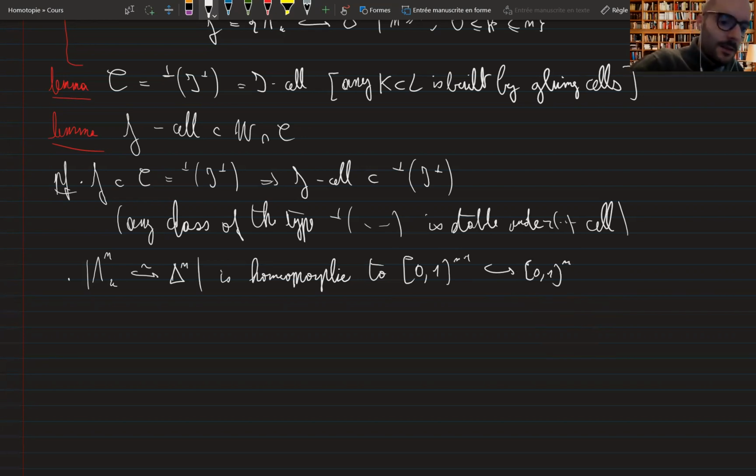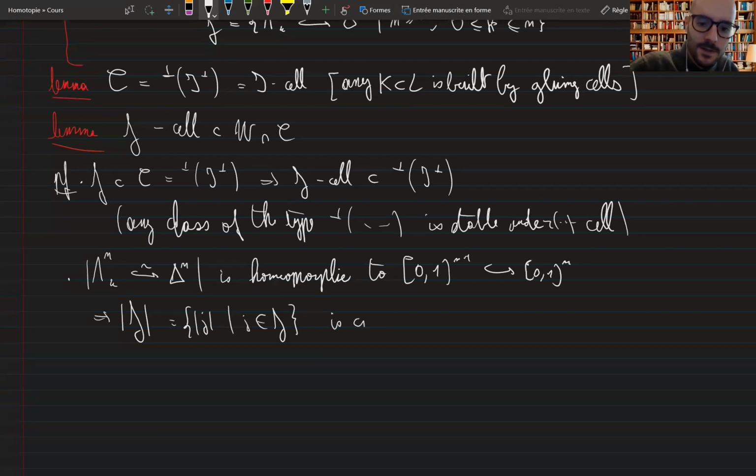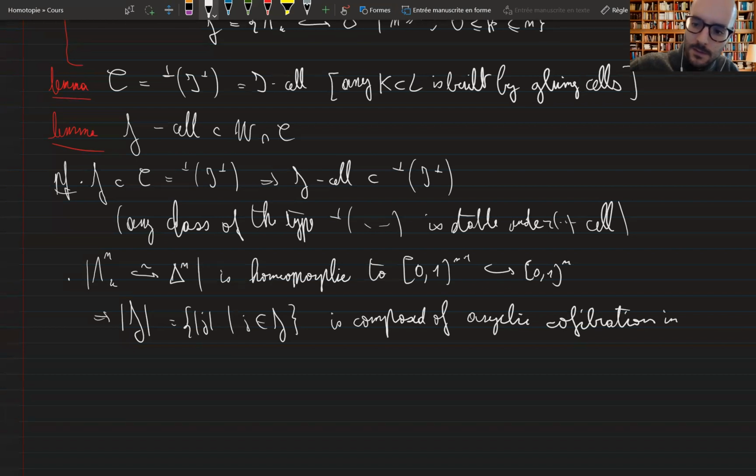So therefore, I'm going to use this notation. There are a lot of bars here. All right, it's composed of acyclic cofibrations in Top.